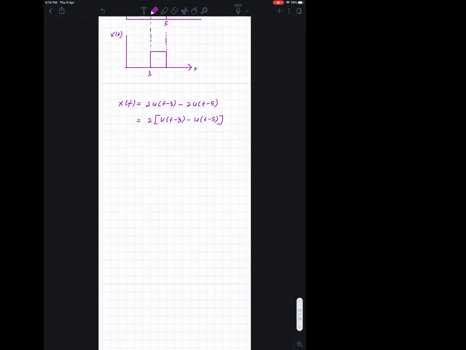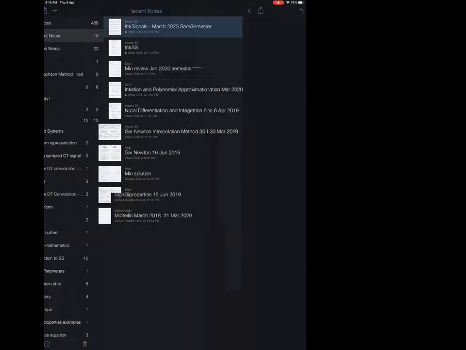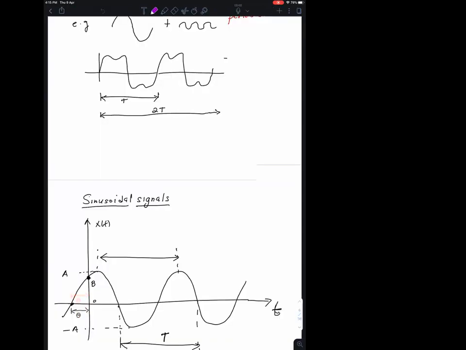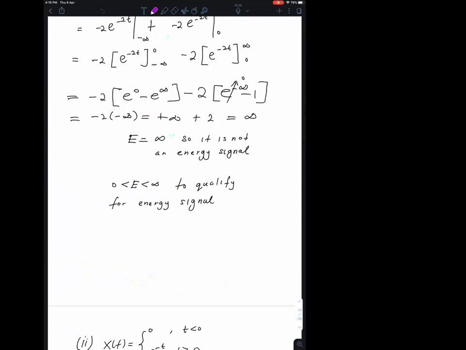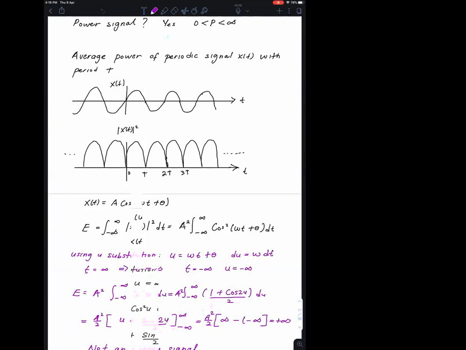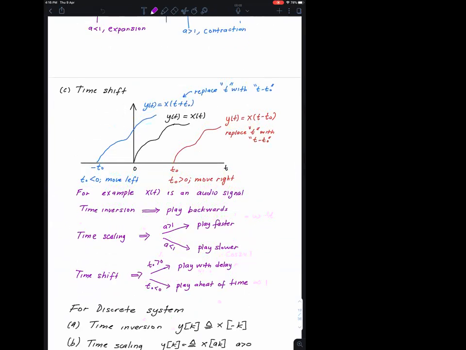But there are a lot more things that you can look at in the older notes, like the intro to signals of the previous semesters, which you can go through by yourself. This semester I'm only focusing on the important ones. Those who want to have more idea can read more.